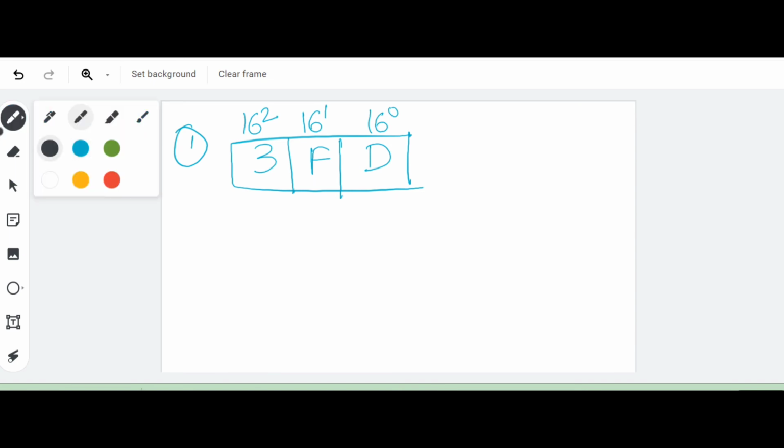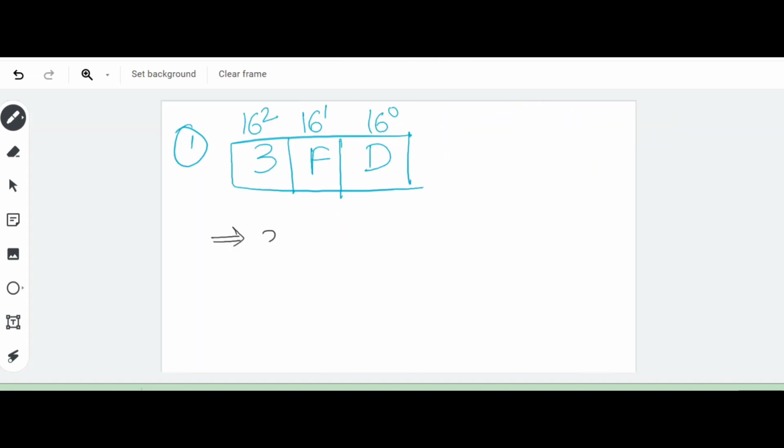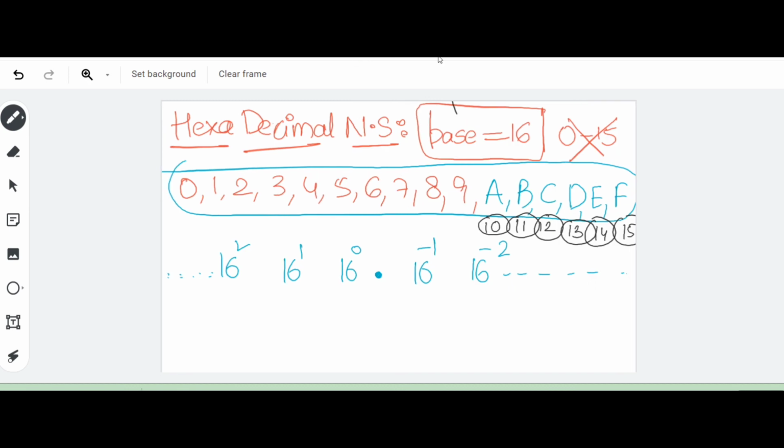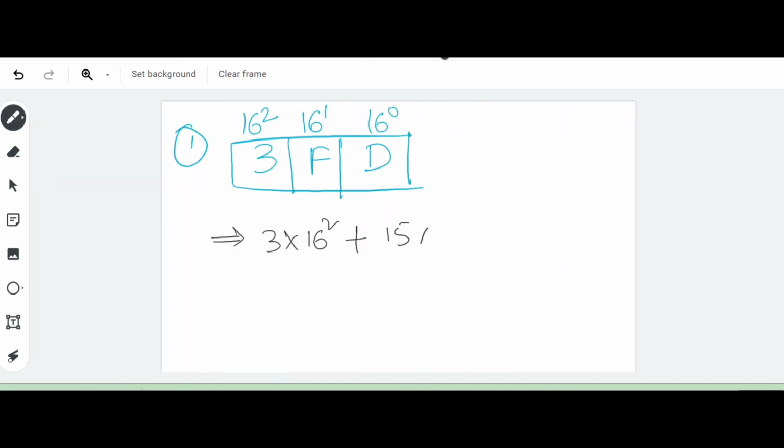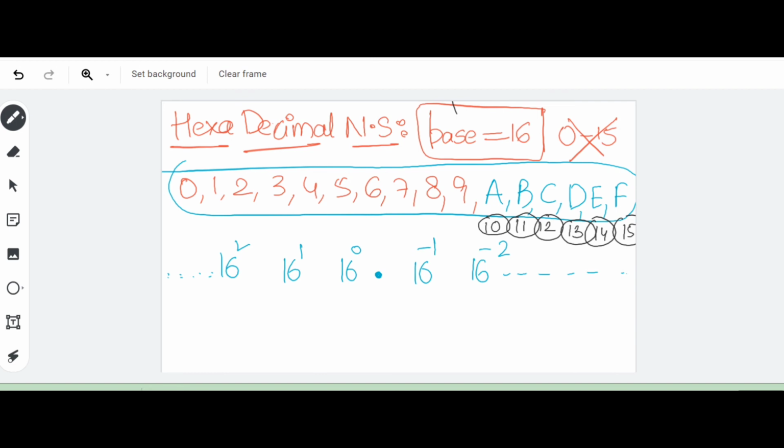I told you what is meant by F and what is meant by D. If you're further confused, let me go back and check what F and D are. I'm writing here: 10, 11, 12, 13, 14 and 15. So we have 3 into 16 square plus F. What is the value of F? 15. 15 into 16 power 1 plus D. What is the value of D? It is 13.